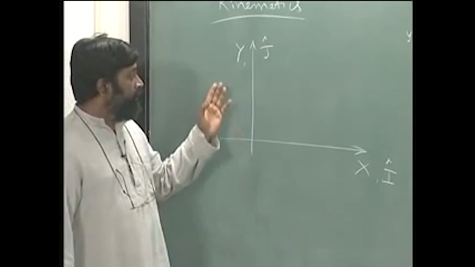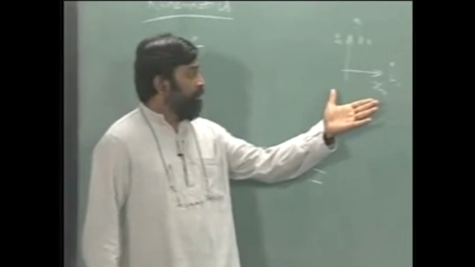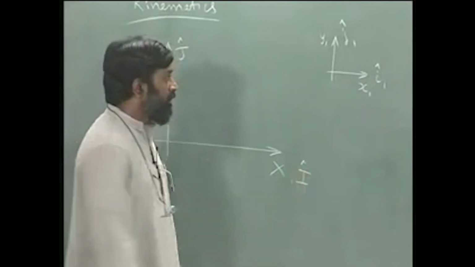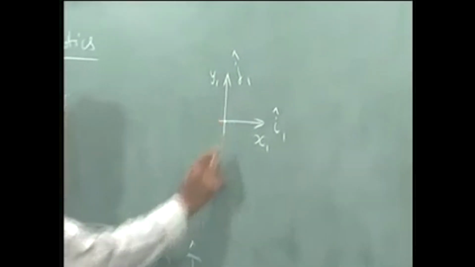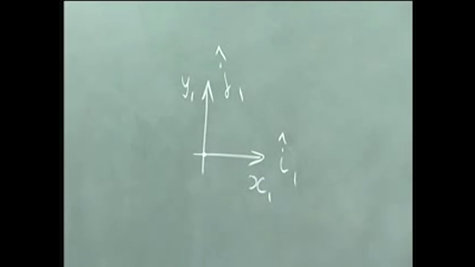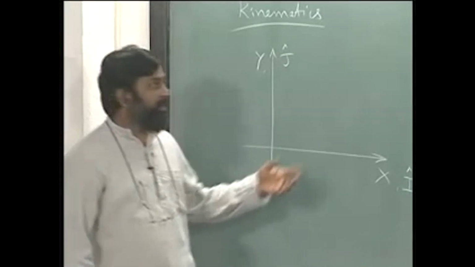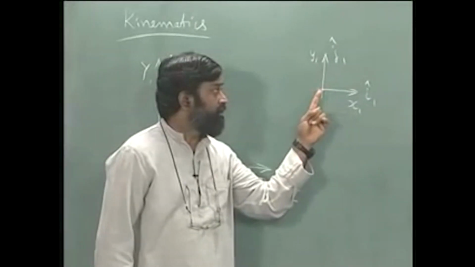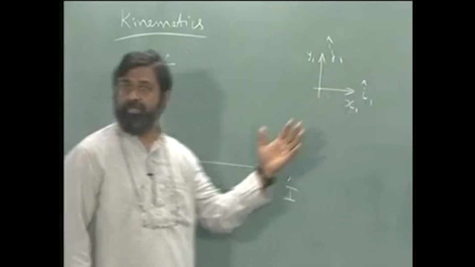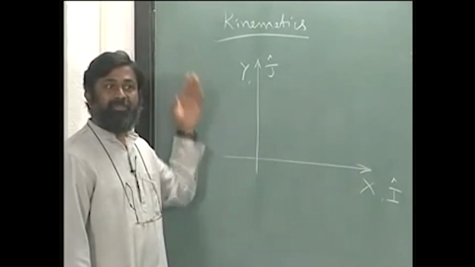Given this, once we have an idea of how this frame is moving with respect to the fixed frame, we can bring all the motion which is defined with respect to the moving frame of reference into the fixed frame of reference.